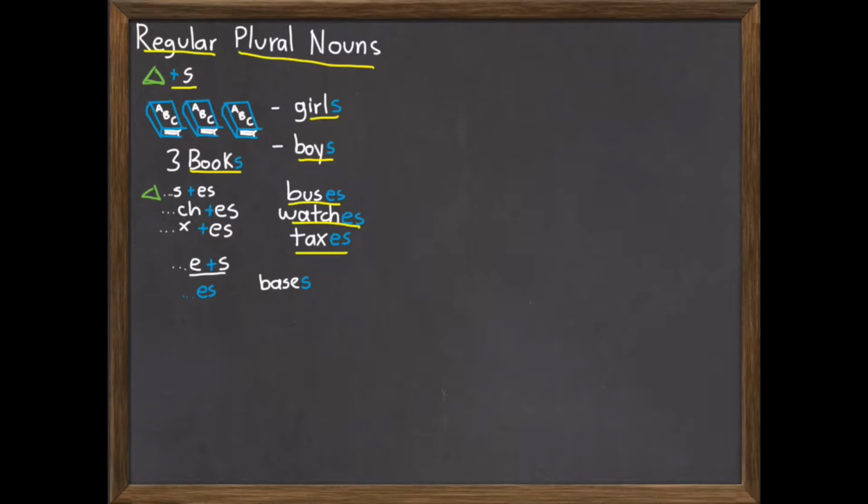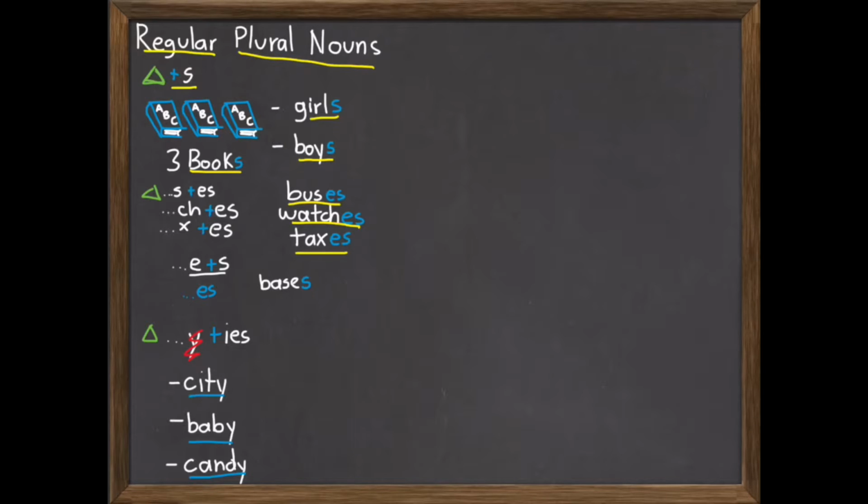Now, another rule is when a word ends in a Y. When this happens, we erase the Y and we add IES at the end. For example, city, baby, candy.